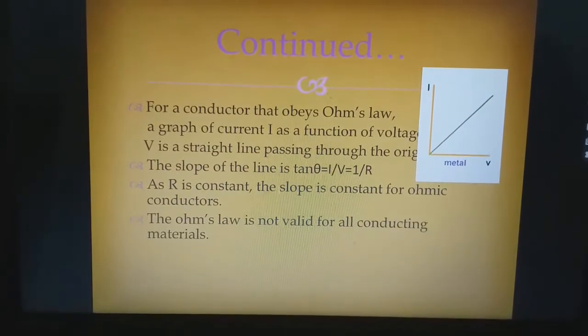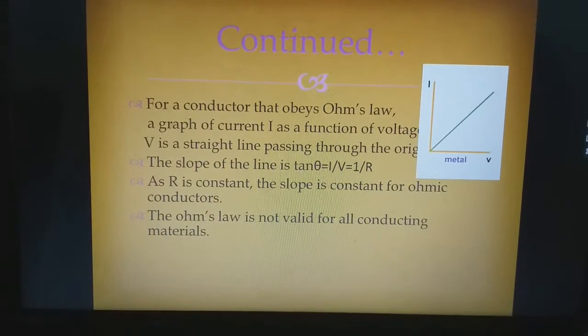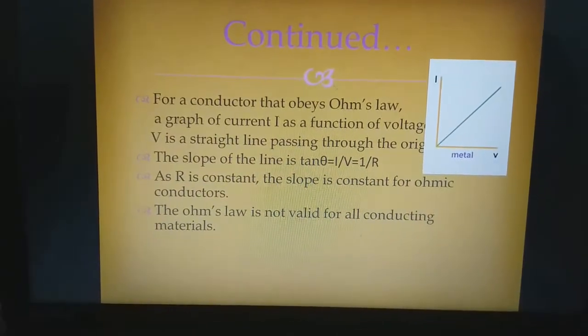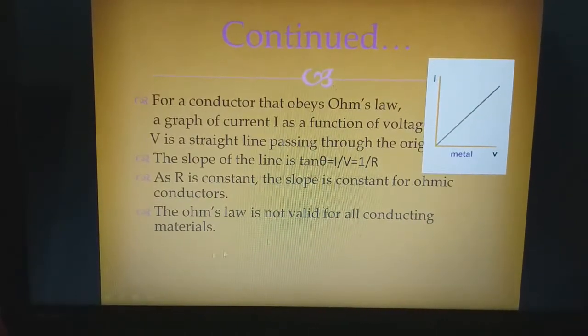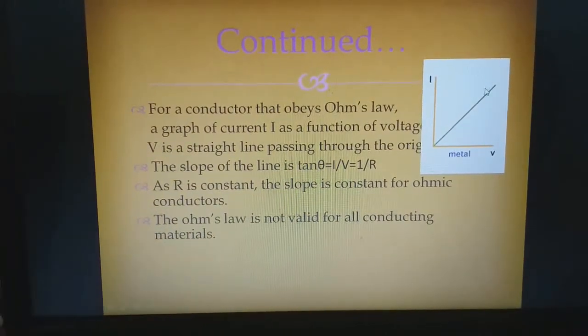What are ohmic conductors? Those conductors which obey Ohm's law are known as ohmic conductors. Their graph is always a straight line, as shown here.